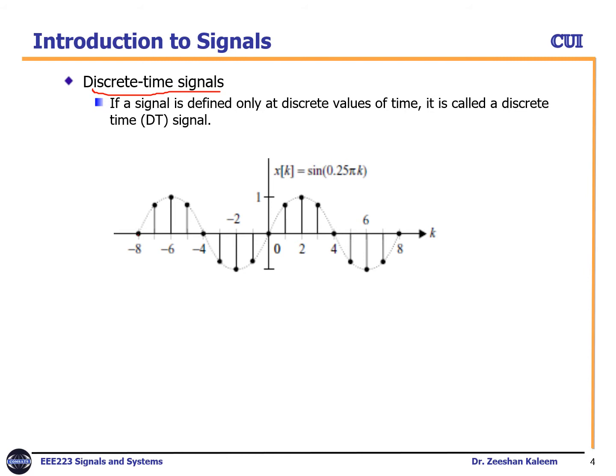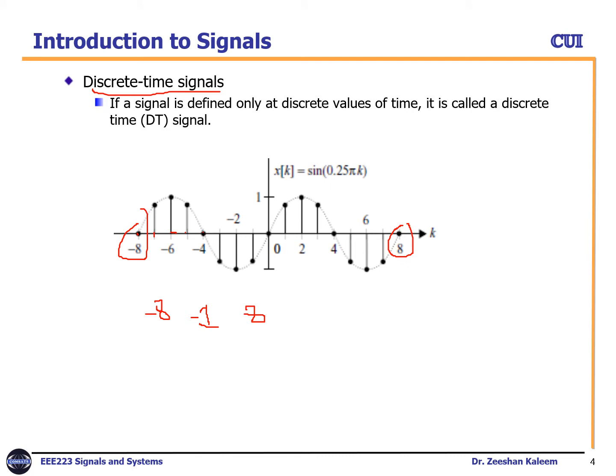For example here -8, -7, -6, -5, -4, -3, -2, and so on up to 8. So from -8 to 8, but the values are taken at time instants with some interval, for example a step of 1.